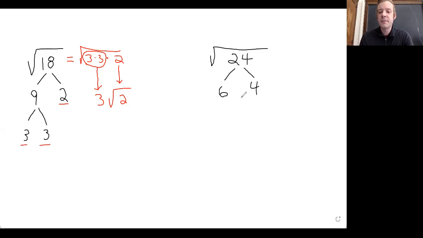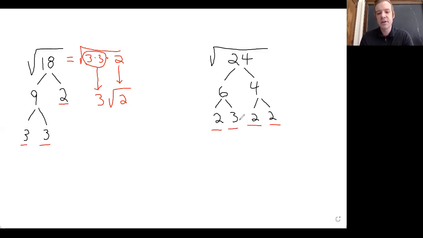I see here that both of these can continue to be split up. So 6 can be split into 2 and 3, and 4 can be split into 2 and 2. Now I see that all of these are prime numbers. 2s are prime, and the 3 is prime right here.